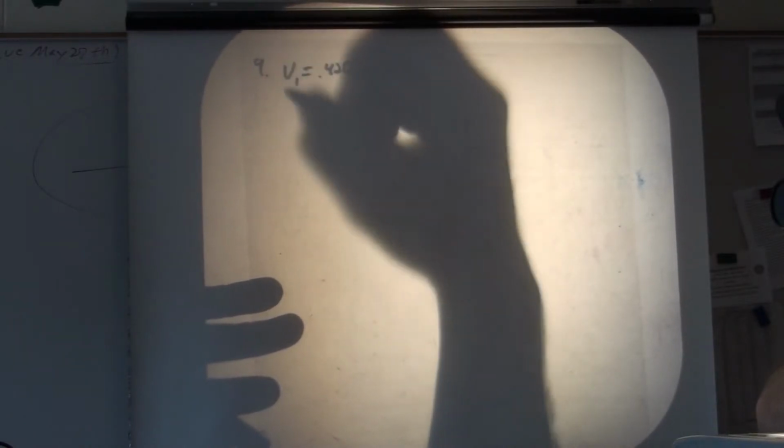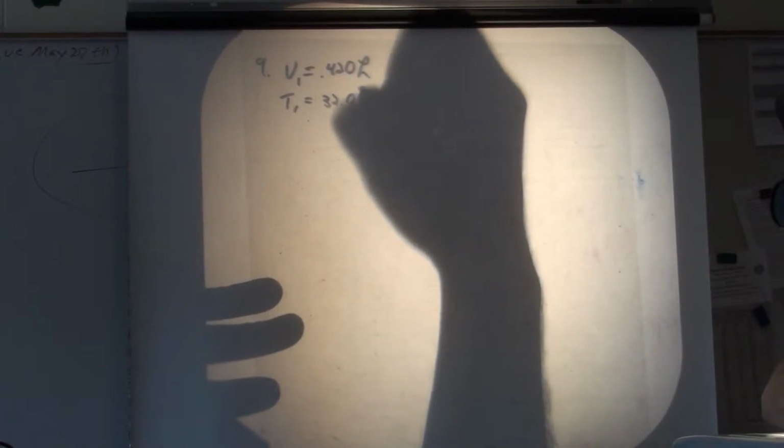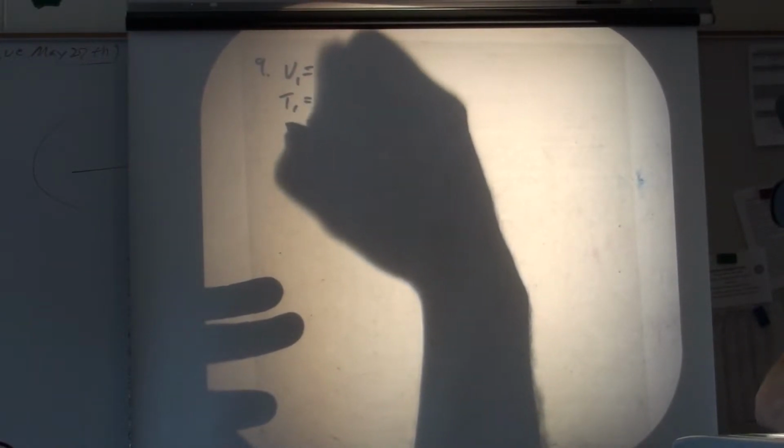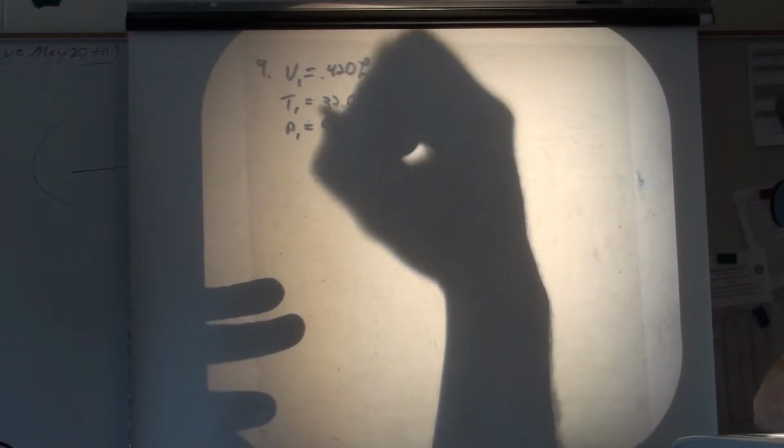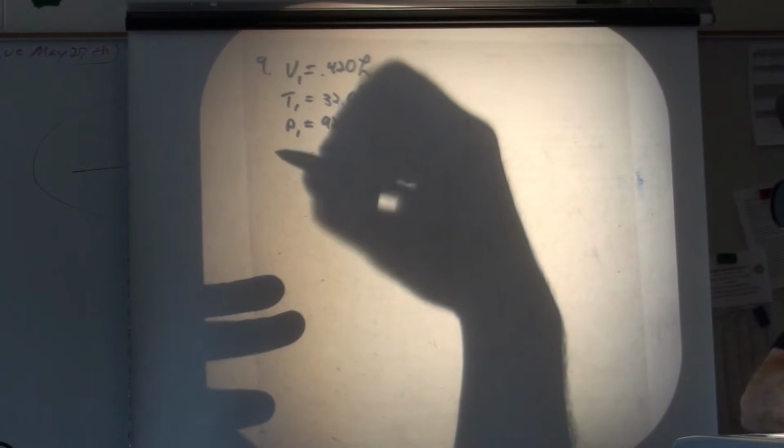So in number 9, the initial volume is 0.420 liters. The initial temperature is 32 degrees Celsius. The initial pressure is 92 kPa, close to atmospheric.